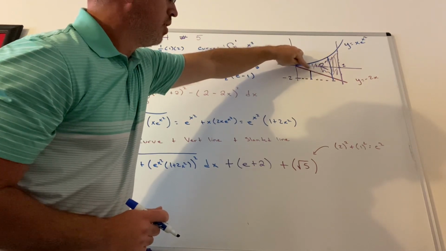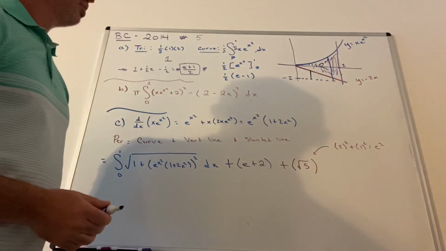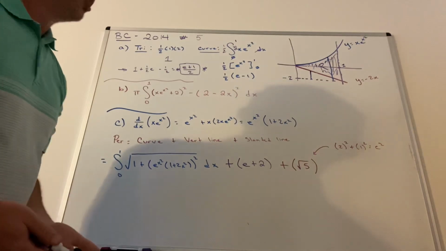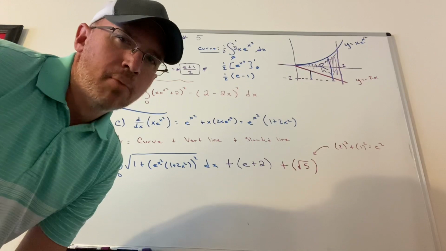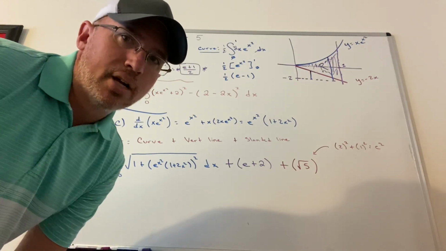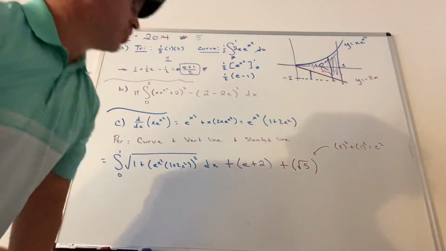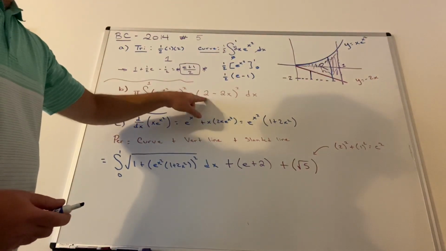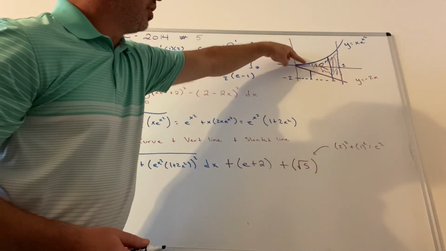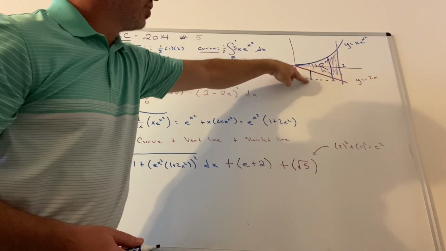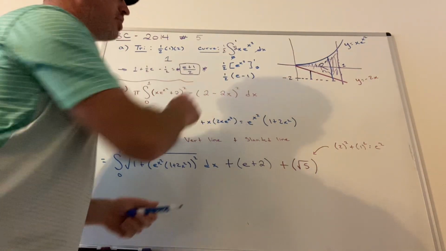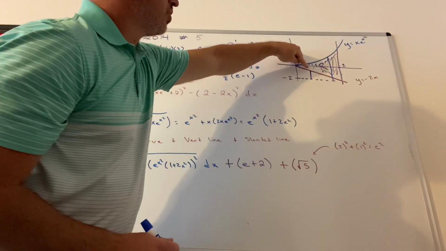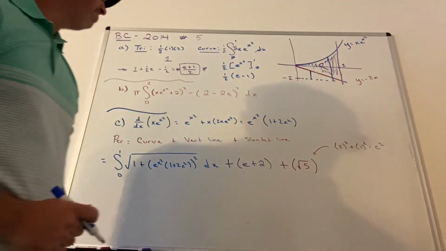That distance is like 2x. I know the graph is y equals -2x, but you can think of the distance as just 2x. So what I've got here represents the distance between the x-axis and the axis of rotation, and I'm subtracting away the distance from the x-axis to the maroon graph.